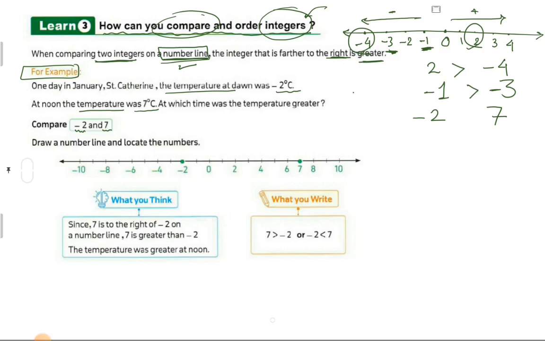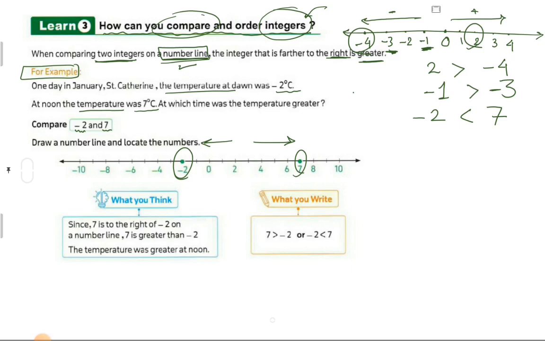Look, you have negative 2 here and 7 here. You note that 7 is on the right and negative 2 is to the left of 7. So directly, 7 is greater than negative 2.